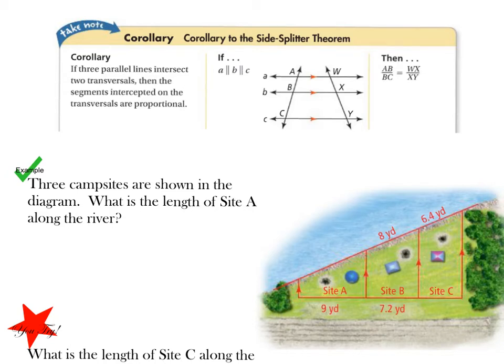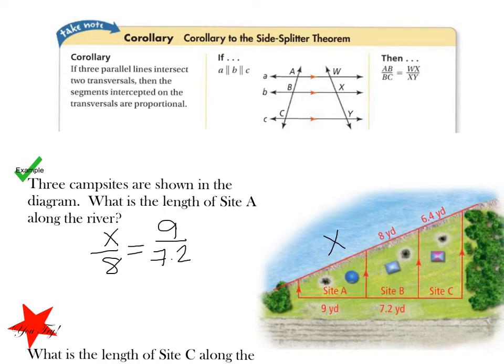So I know this segment is to 8 as 9 is to 7.2. And I want to find this segment right here. That's the length of site A along the river. The blue here is representing a river. So I'm going to put an x there. And I'm going to say just that. So x is to 8 as 9 is to 7.2.